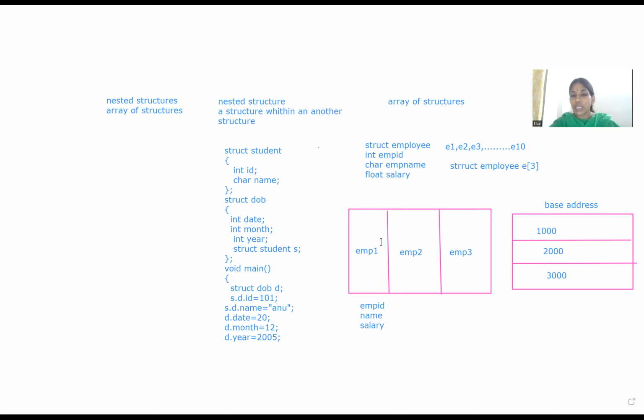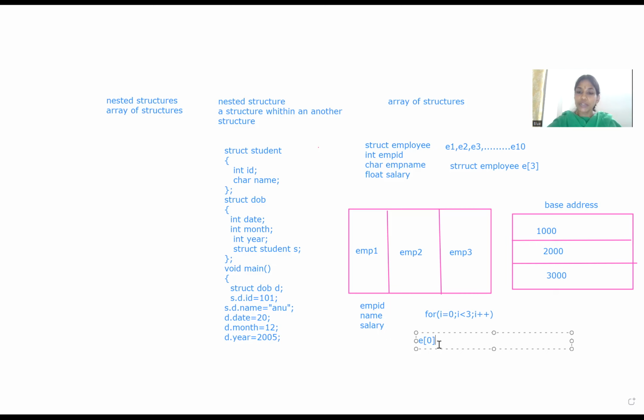So for employee 1, when we are assigning the values, we are writing the for loop, no? For i equal to 0, i less than 3 and i plus plus. So i equal to 0 means E of 0, the index value. E of 0 means the first record, the employee 1 record.